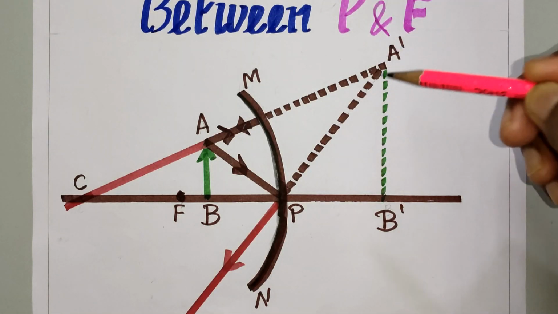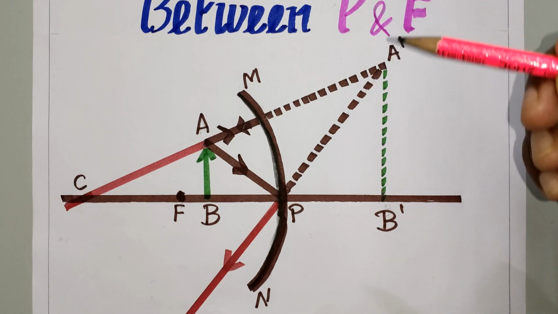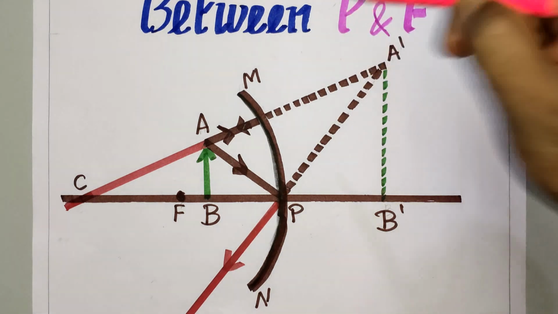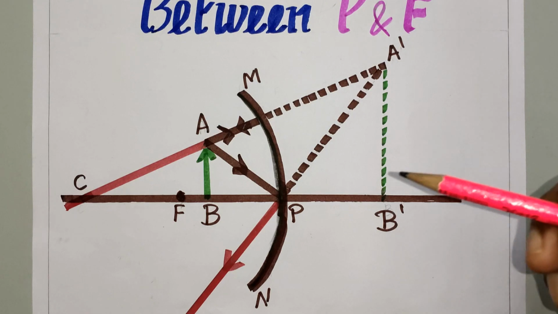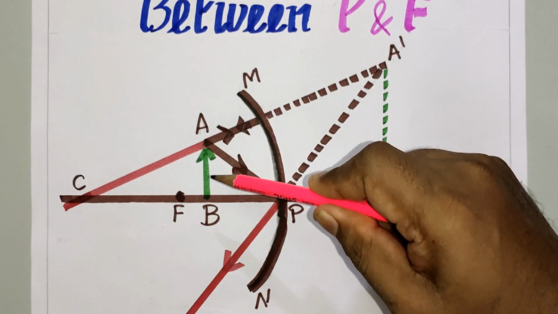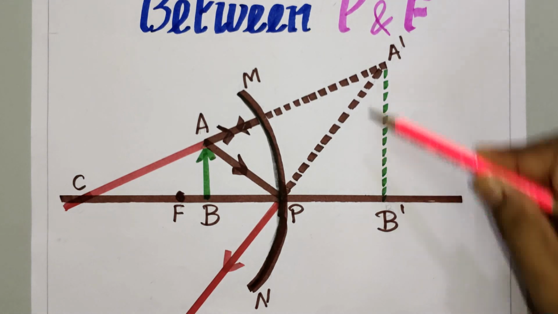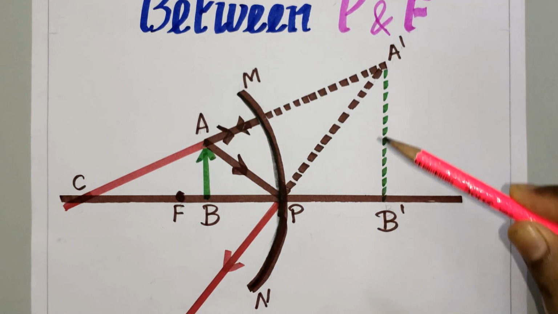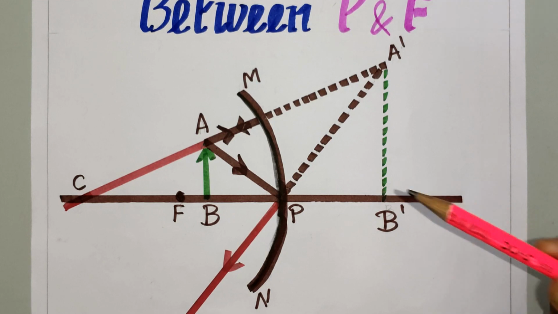Sixth position, yes, the last position, between P and F. When we place the object between P and F, we will get the image behind the mirror. How? From the 4 rules, we may take any 2 rules.